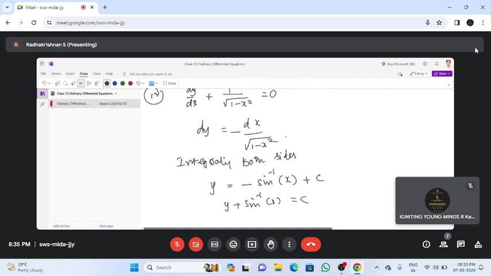They have given exactly the same option: y plus sin inverse of x equal to c. Option 1.